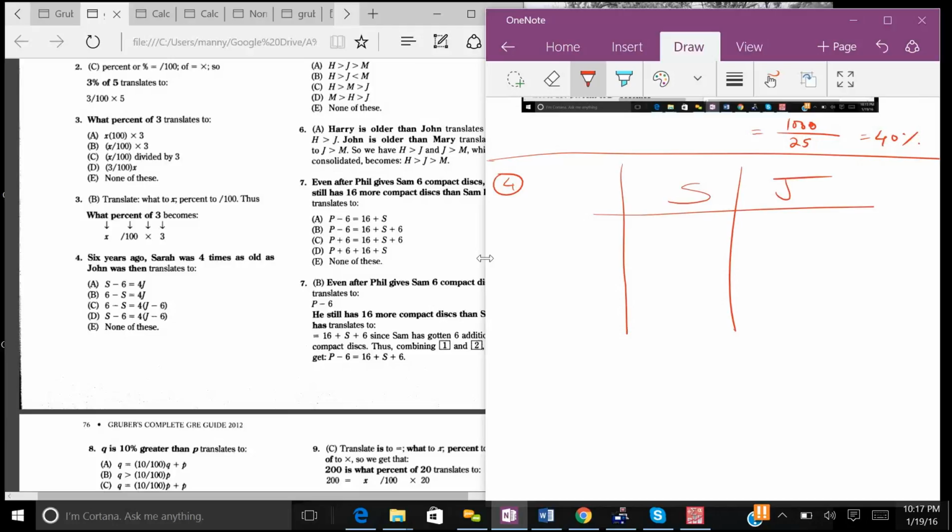So 6 years ago. Actually, now Sarah is S, John is J. So that's not equal.